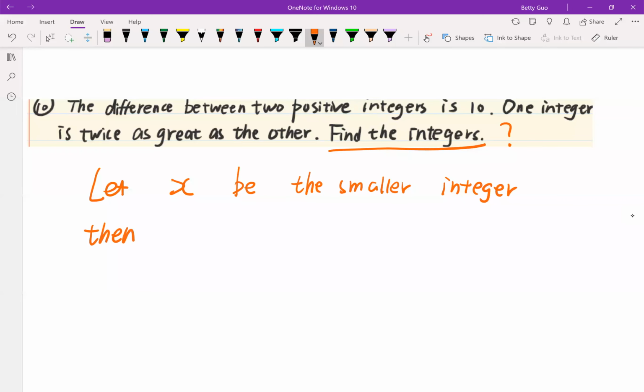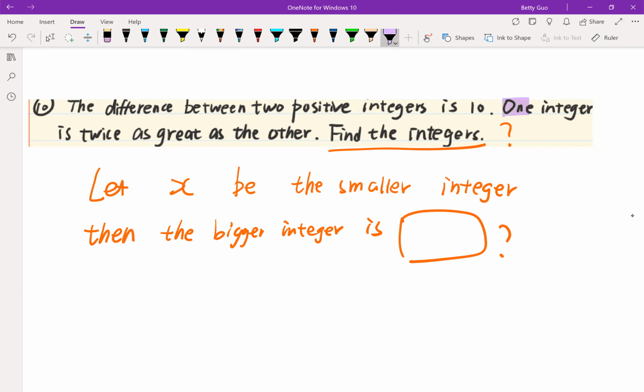Then the bigger integer is what? Let's see. Look at this sentence. One integer is twice of the other. Yeah, one integer is twice as great as the other. So the two integers, one is twice of the other.